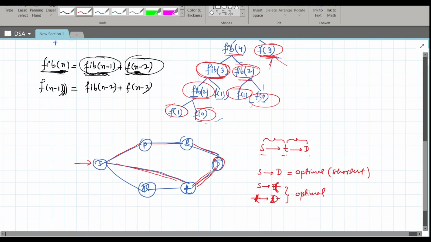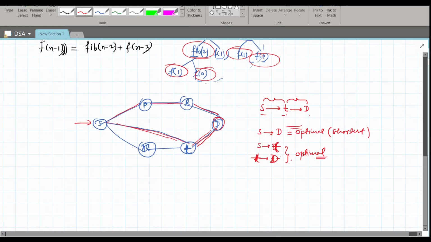So this is called the optimal substructure. If the large problem satisfies the optimal property, then its subproblems will also follow the optimal property.